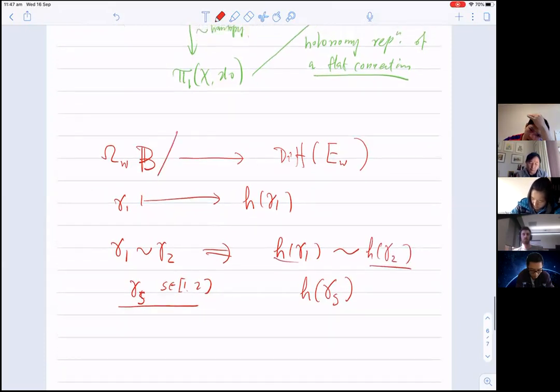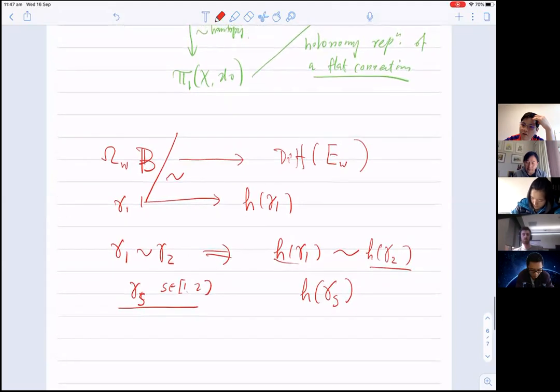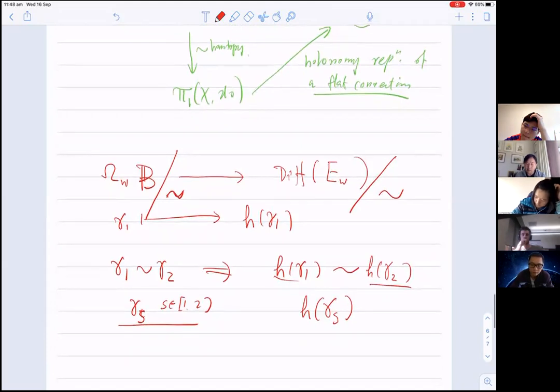If you want to modulate, are you saying this is not true in general? Actually, no, this is always true. Yeah. Okay. Because if you pass into the homotopy, and then here you also modulo homotopy, like isotopy. Oh, okay. So here you modulo homotopy, so that will give you the fundamental group.